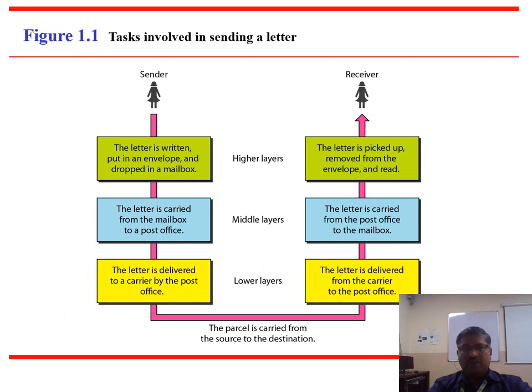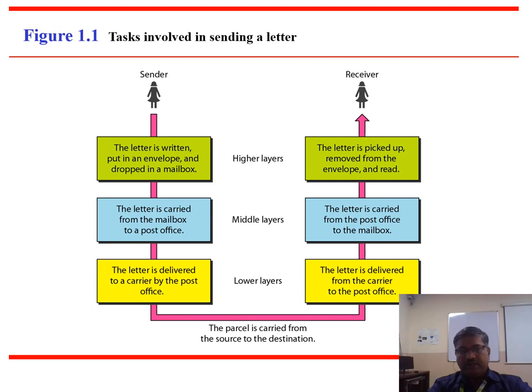In this diagram, you can see the sender and the receiver. What are all the steps involved in sending and receiving mail through the post office? The first step: the letter is written, put in an envelope, and dropped in a mailbox.